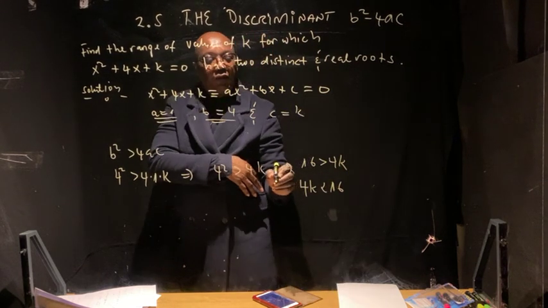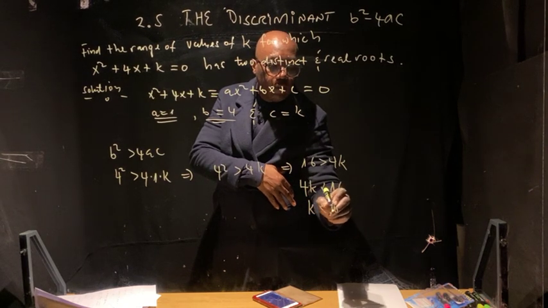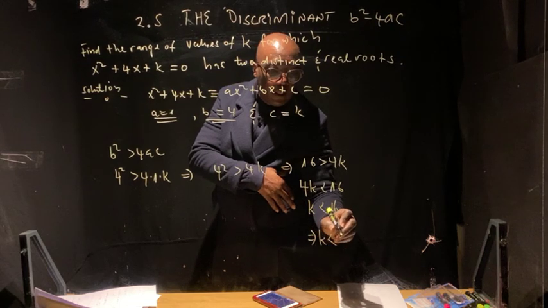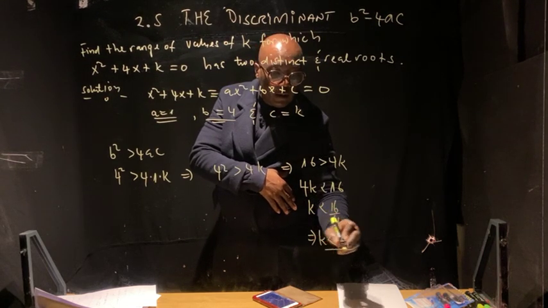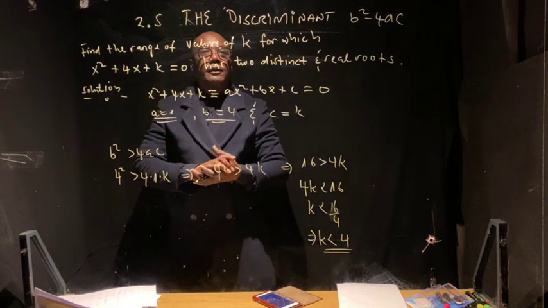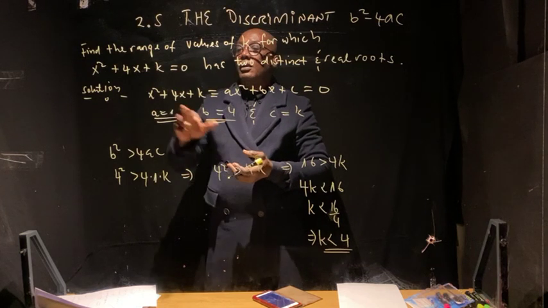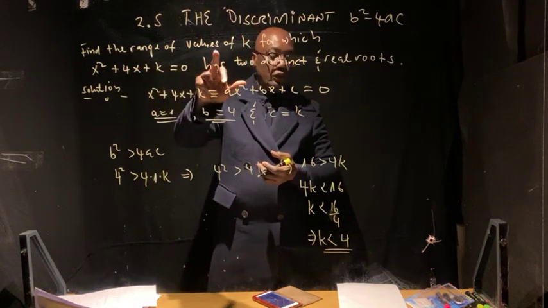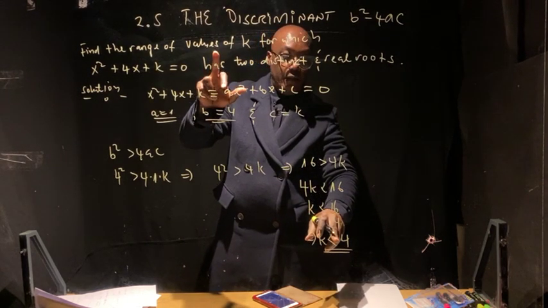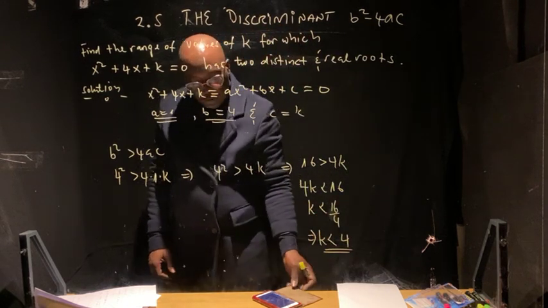Dividing both sides by 4, we will have k is less than 16 over 4, which indicates that k is less than 4. Therefore, this is the value of k. So the range of the values of k is all values of k that are less than 4. Take your time to copy, and we'll take another example.